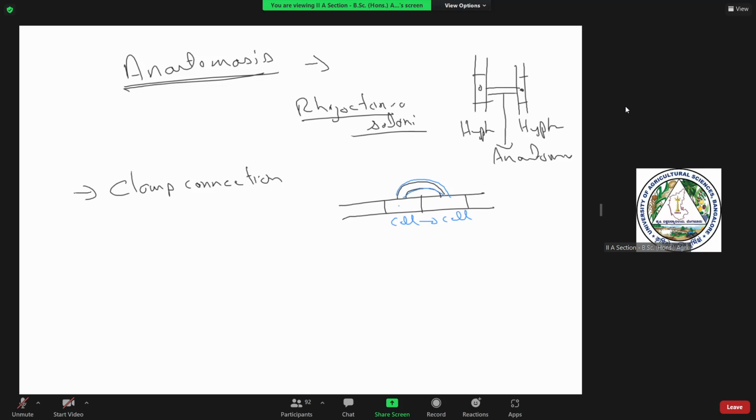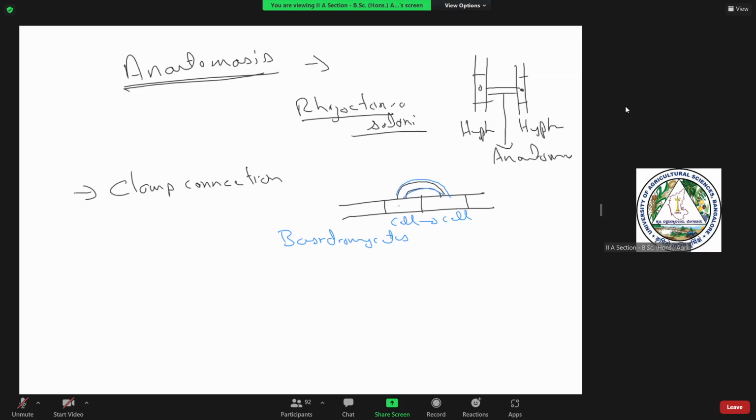It is formed by fungi, mainly the Basidiomycetes, that is your mushroom fungi, at cell division.